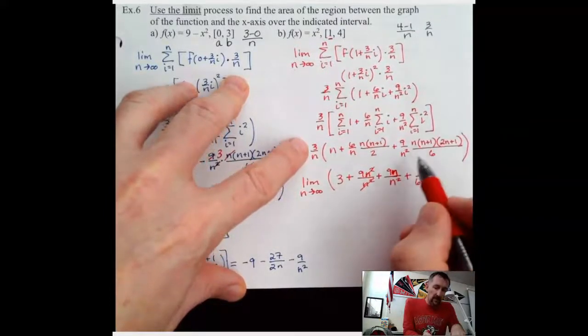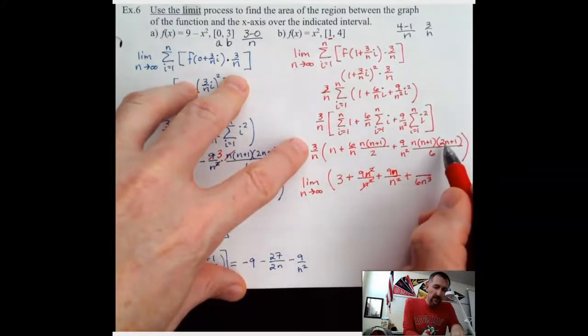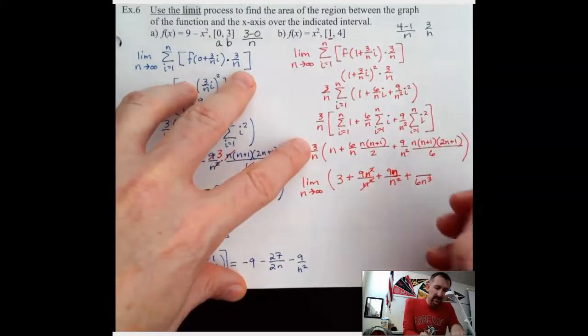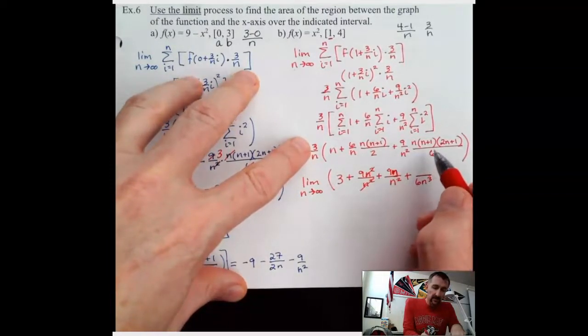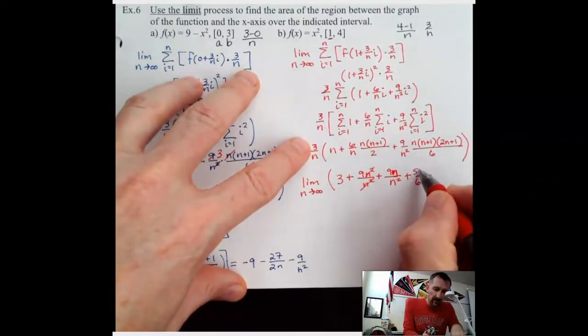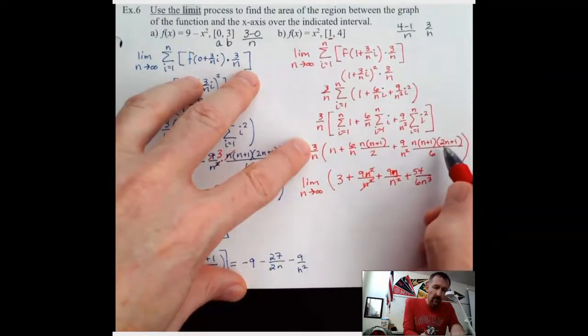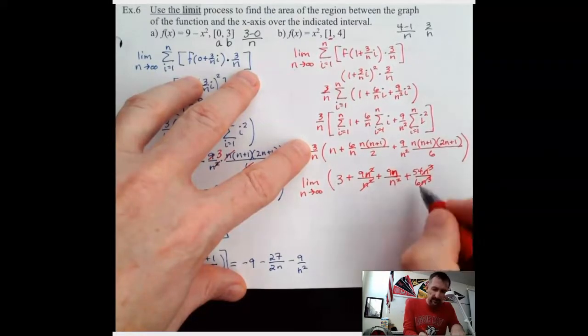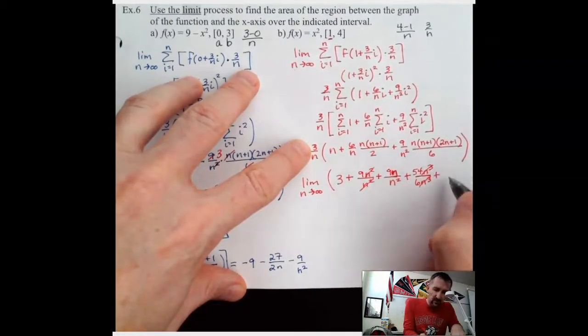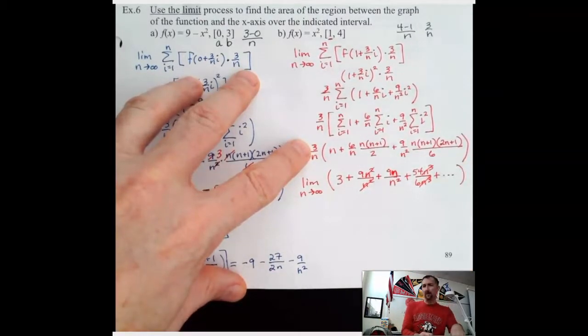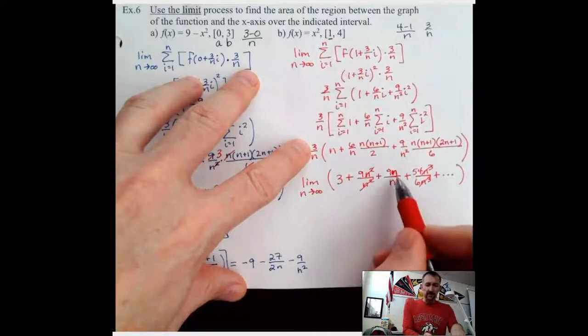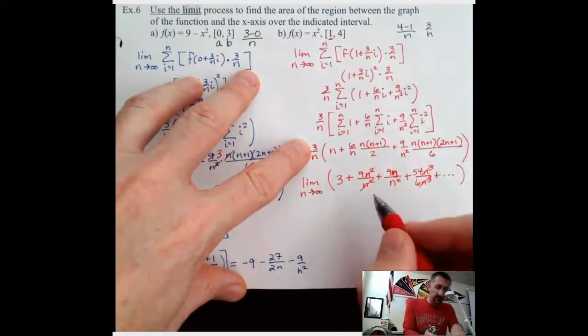And then up here, what did we say? 18 times 3, 54 n cubed. Okay, so the n cubes are going to cancel. That's why that matters. And then I'm going to get 2 more terms here, but they're going to go to 0. So normally I would just put dot, dot, dot here as well.